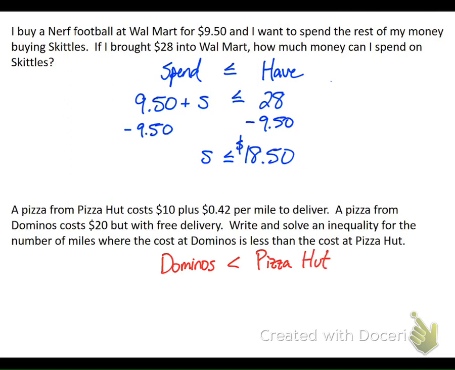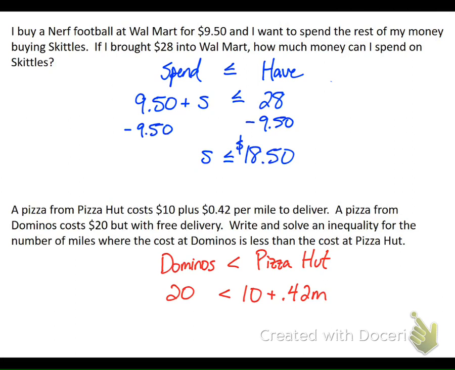So Domino's is just $20, no delivery fee. And then Pizza Hut is $10 plus 42 cents per mile to deliver. So I want to figure out, how many miles is Domino's going to be less than Pizza Hut, and then after that, I know that it'll switch.